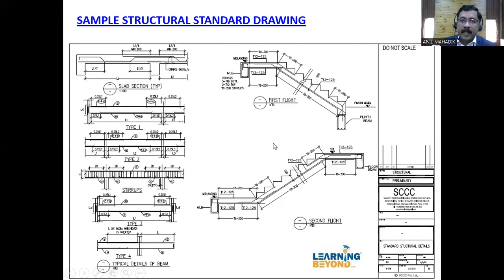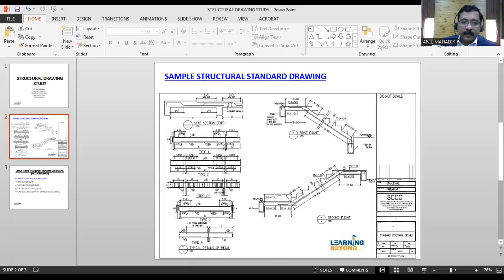There may be staircase details also given, which are standard. Now, to understand such drawings, we will start with one simpler example, the simply supported beam. During our series of sessions, I will give you the basic concepts regarding the detailing also. At the end, we will also discuss these structural drawings, which are practical structural drawings. To start with, let me share my screen.